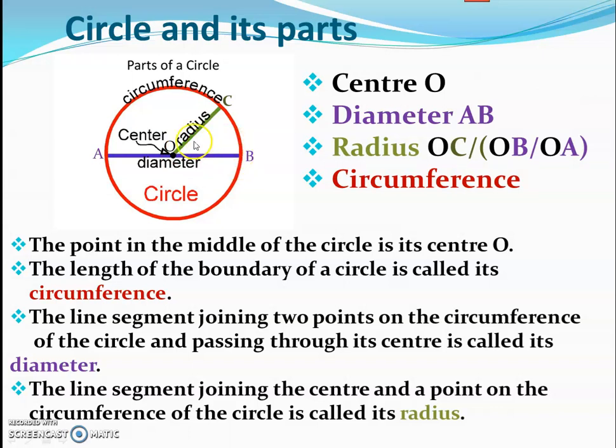That is why we say 2 radius makes a diameter. That is from A to O, again from O to B. So these 2 radius will make one diameter. Say for example, if our radius is 5 centimeter, what will be our diameter? It is double, because from here to here, same length from here to here. That is from A to O is same as O to B.